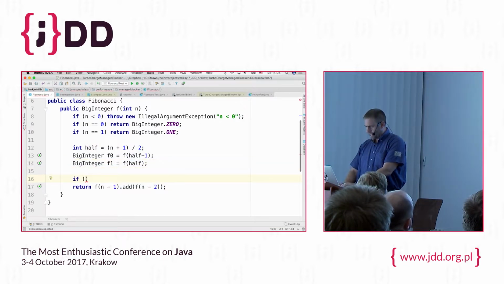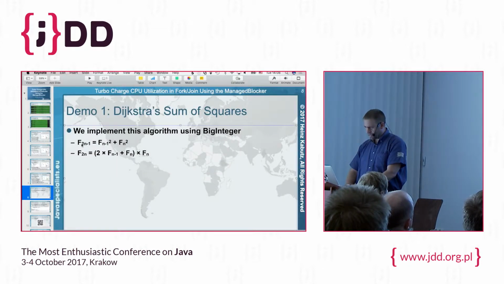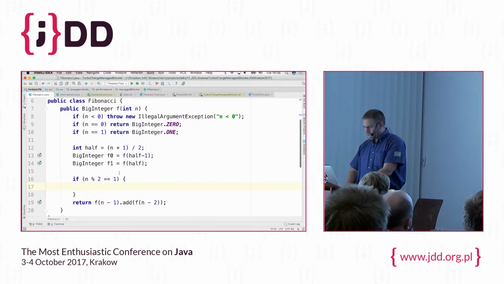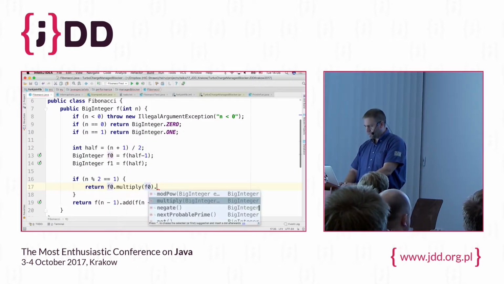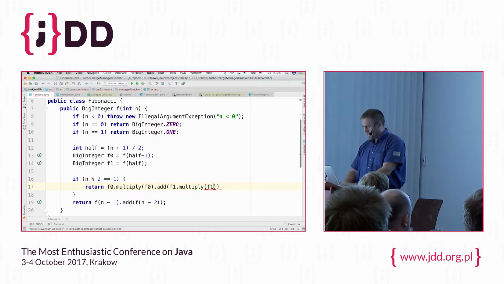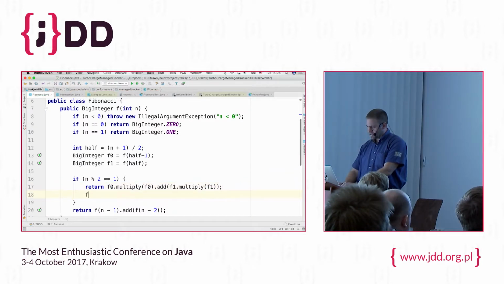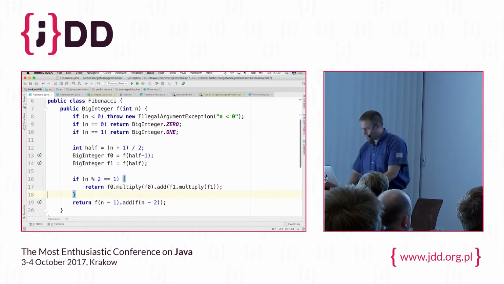And then we say if n is odd, that's the first case. Then we say return f0.multiply(f0).add(f1.multiply(f1)). Now it would be nice if we could just say f0 times f0 plus f1 times f1, but we don't have operator overloading in Java, so we can't.